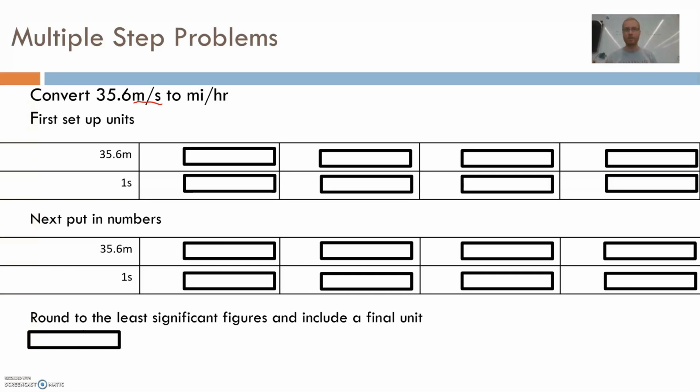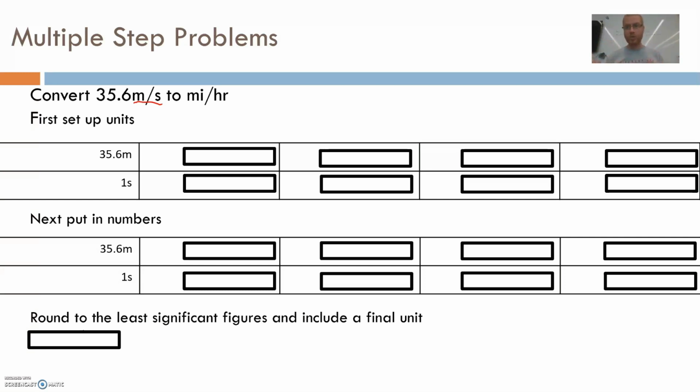That's a derived unit. Now, what does 35.6 meters per second mean? It means in 1 second, how far do you go? You go 35.6 meters. That's what meters per 1 second means.